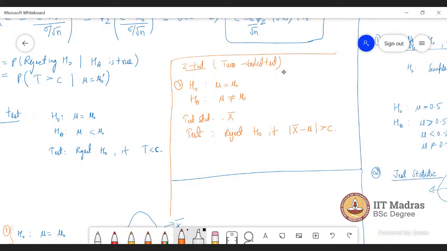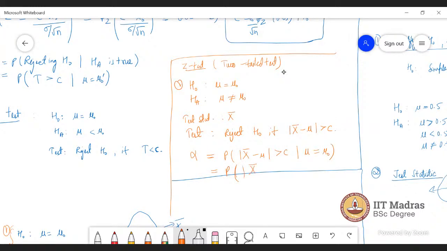So if we have to find alpha, that is type 1 error, this is given by probability that you reject h naught given mu naught is true. So reject h naught given h naught is true. Now I will have to just substitute mu equals mu naught in place of mu.